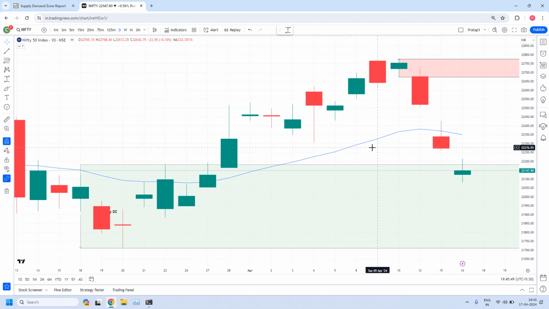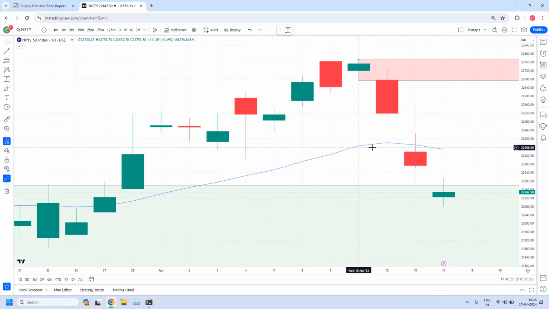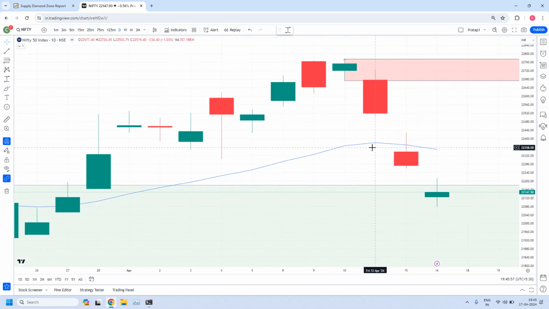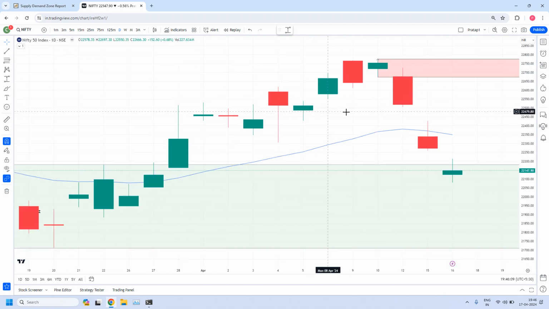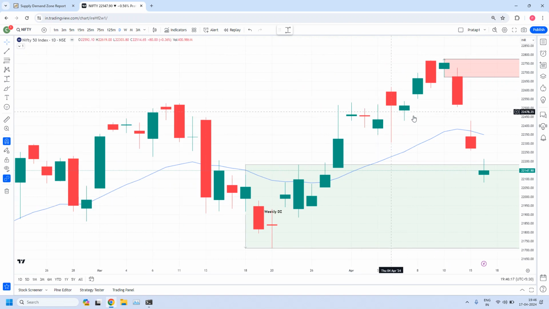Out of those 4, in 2 videos I explained the concepts of hidden body and hidden zones. If you had learned that concept properly, see here, this is the close of the candle, and this close is not closed by this candle. That means this candle gets a hidden body.